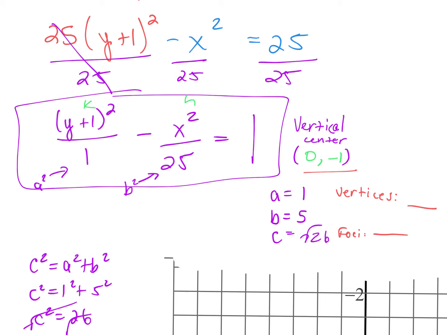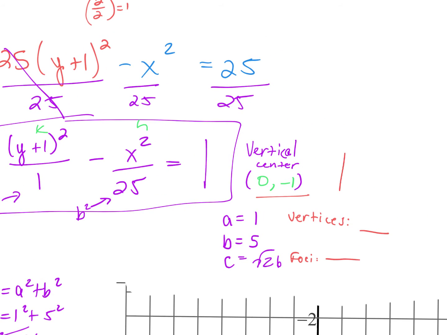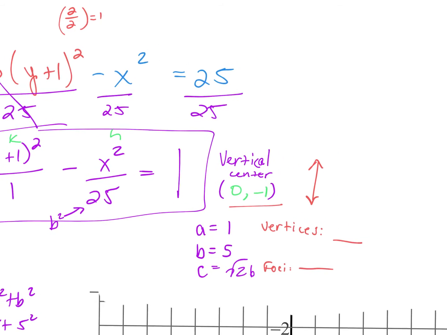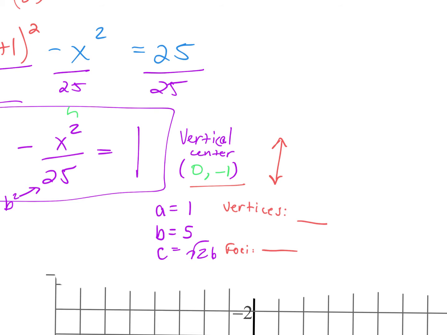So if this is a vertical hyperbola, it goes up and down. What part of my center moves this point up and down? The x part or the y part? So if you have a vertical hyperbola, what you should be adding and subtracting to is the y part. So my vertices, if I add 1 to my y part, where's one of my vertices?